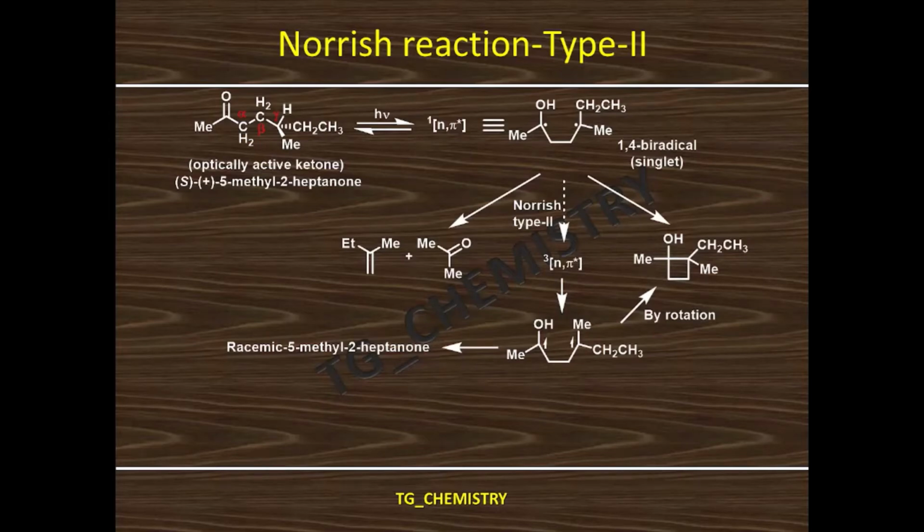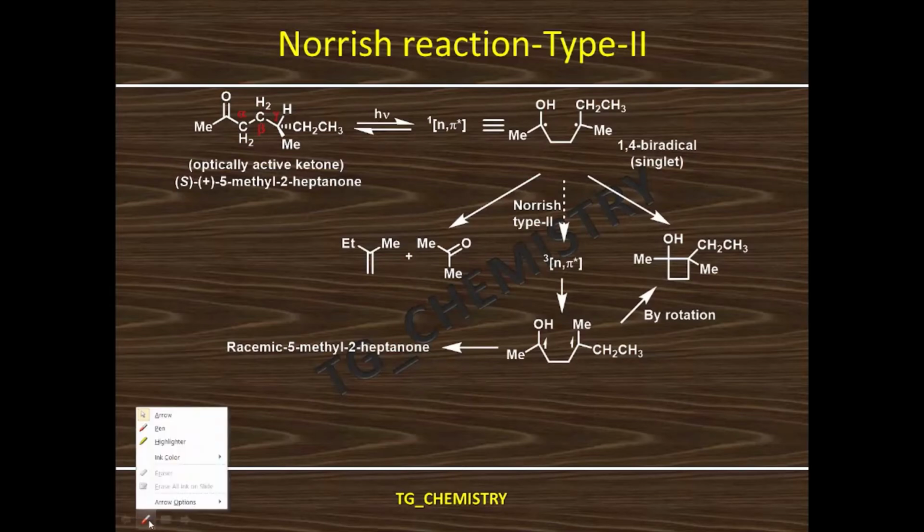The secondary reactions that can occur are the fragmentations, that is the beta scission to form the alkene or enol, which can rapidly tautomerize to the carbonyl compound again, as you can see in the mechanism here or in the reaction scheme, or the intramolecular recombination of the two radicals to a substituted cyclobutane ring is also a product in some cases.